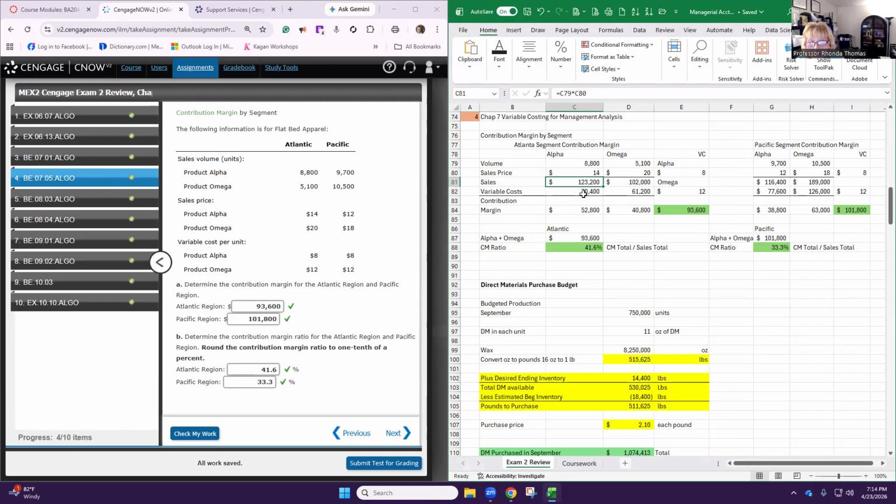The variable costs are $8 for Alpha and $12 for Omega. Here's how I got the variable costs. I took 8,800 times the variable cost of 8, and then this one is 5,100 times the variable cost of 12. Then this gets subtracted.